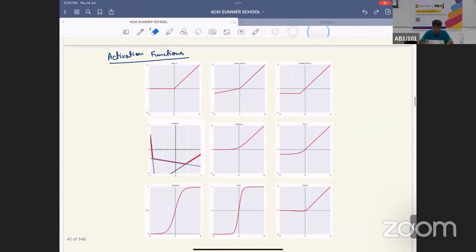This is the summary of all the activation functions: ReLU, leaky ReLU, shifted ReLU. This is maxout. You build a nonlinear activation from several linear activation functions. Softplus, this is ELU, exponential linear unit, which is the smooth shifted ReLU, and this is sigmoid, tanh, and swish.